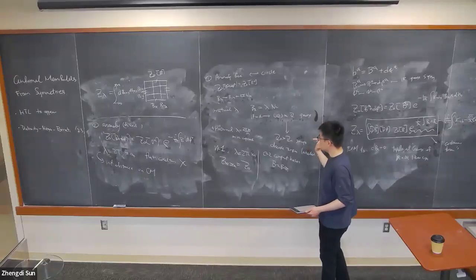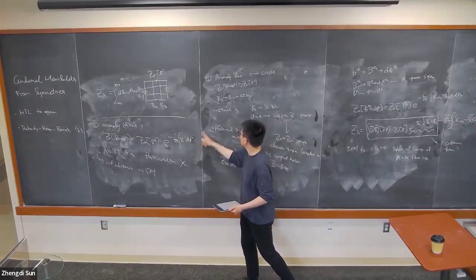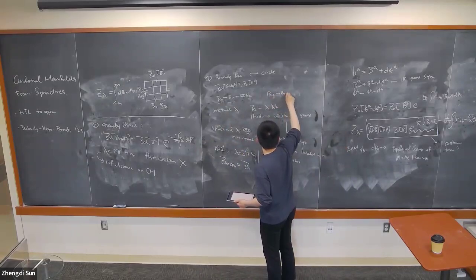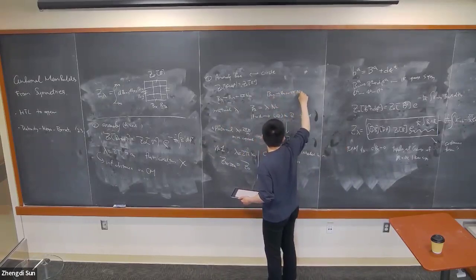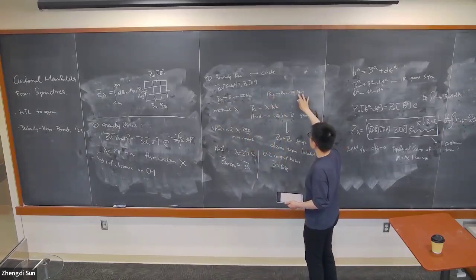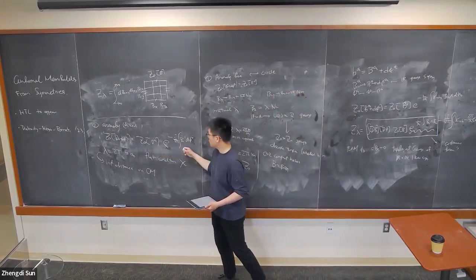But now the subtle thing is in this step. If I try to decompose B2 into some integer piece as well, this integer piece is about doing a large gauge transformation. But the partition function is not invariant under gauge transformations.